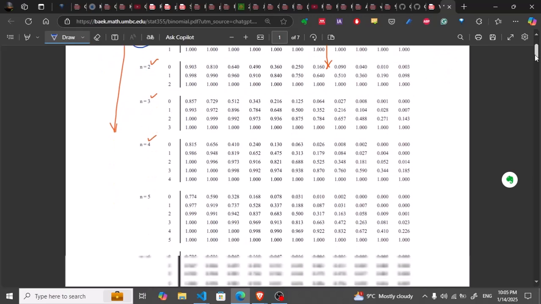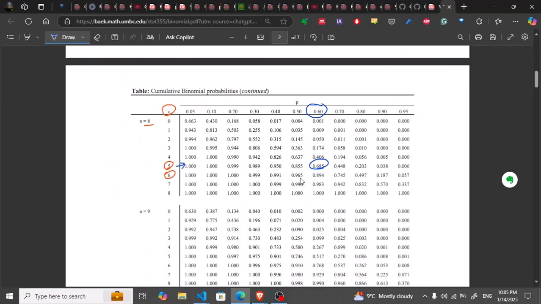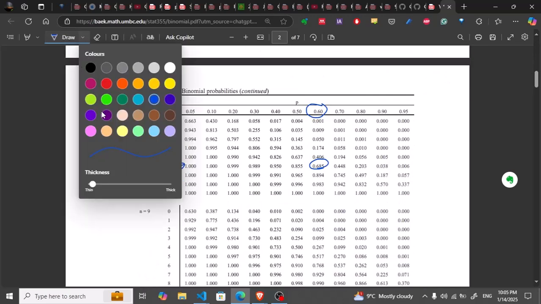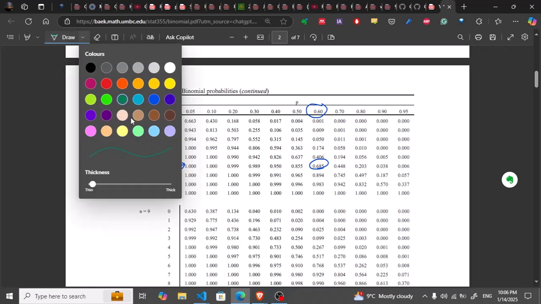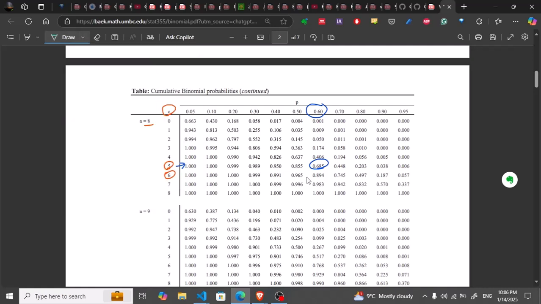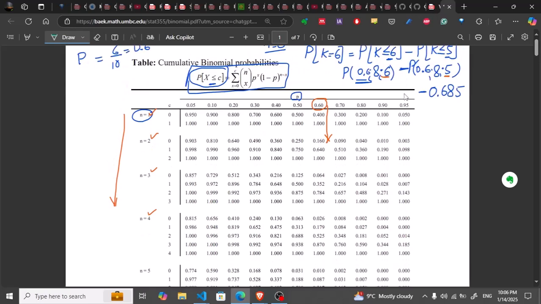Let me move to the same position, and let me use another color for it, this green color. So this is 6 and this is 0.894, okay.